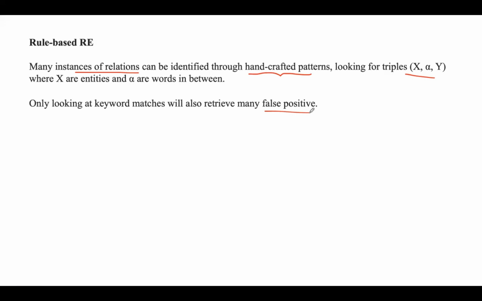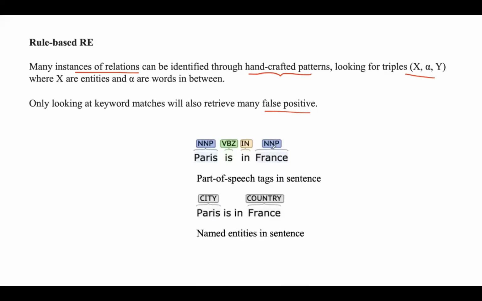In order to resolve this, we can filter the entities using named entity recognition. If you take this second one, here we need to retrieve only "city is in country" instead of taking it as Paris is in France. So we are assigning entity types to every word in the text, and based on that we retrieve.